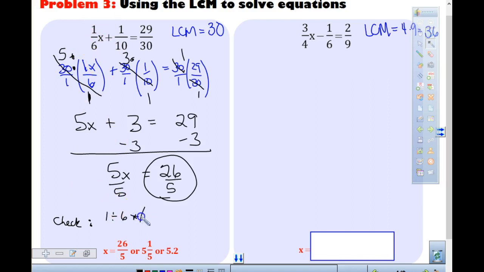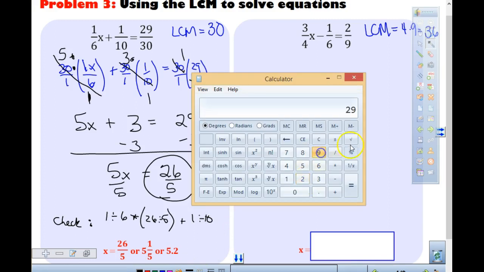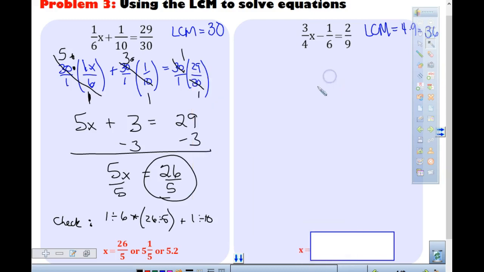Times 26 divided by 5 plus 1 divided by 10. Put that whole thing in your calculator. You want to just check, is it the same as 29 divided by 30, which came out to equal 0.96 repeating?